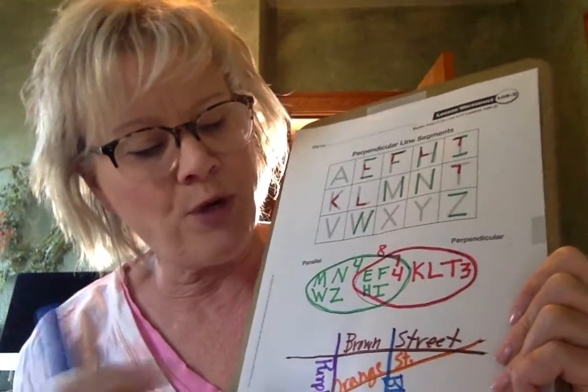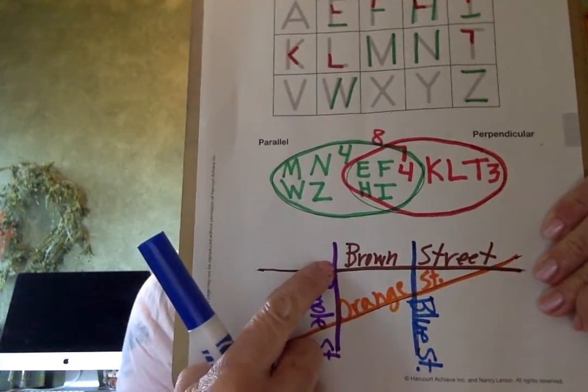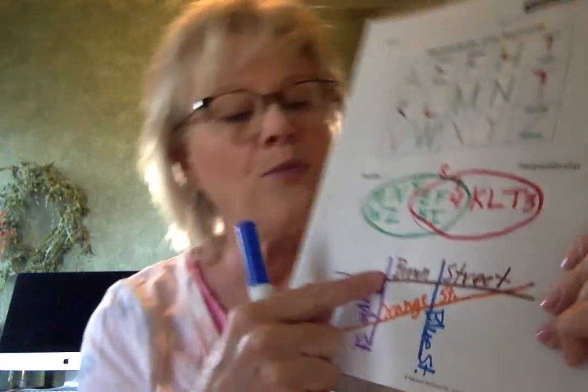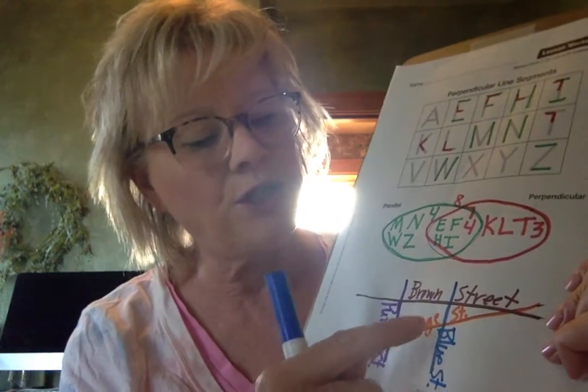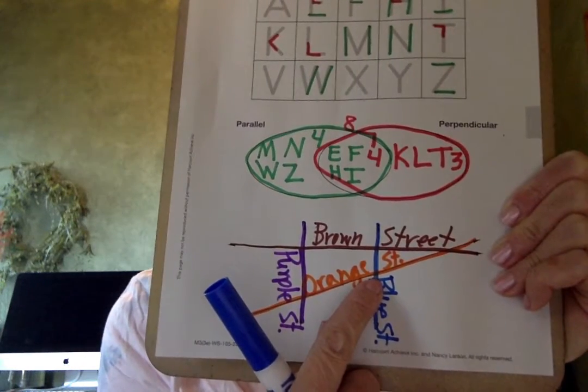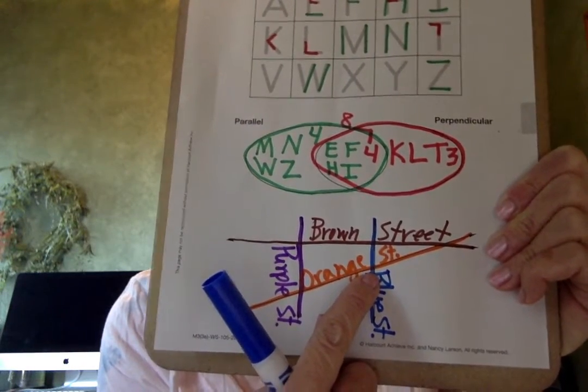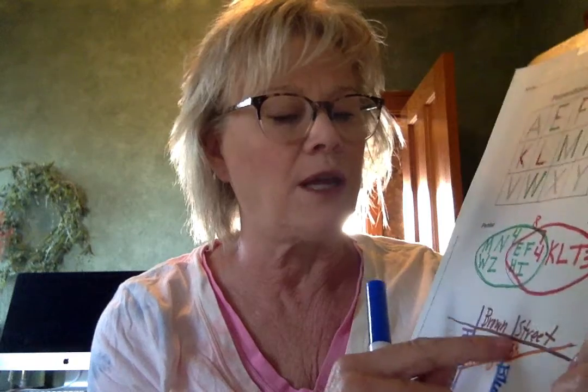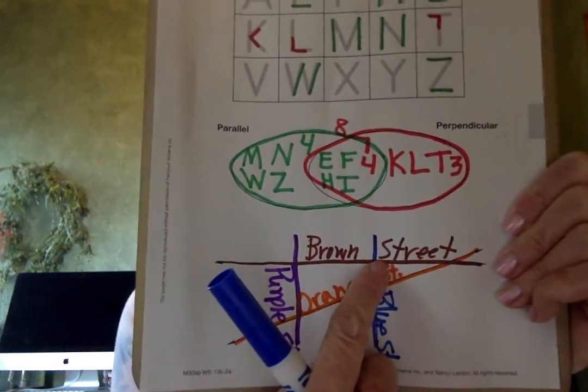Point to the intersection of purple and brown. Point to the intersection of orange and blue. Point to the intersection of Brown Street and Blue Street.